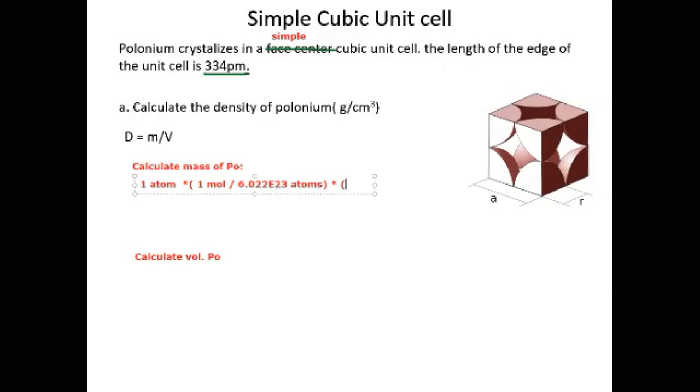So let me look up polonium. I don't have a periodic table. So it's 209 grams per mole. So we're doing all of this to determine what's the mass of polonium when we have a simple cubic unit cell.